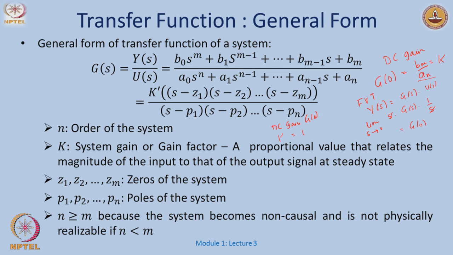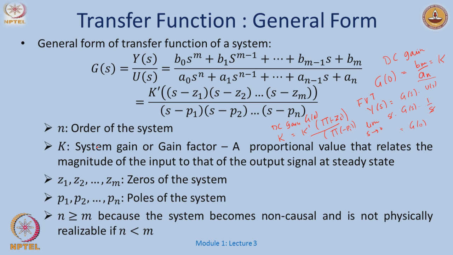So, the k here would be this number k prime multiplied by the product of all the zeros with a minus, over the product of all the poles. Okay. So, we will see shortly this k prime is important to us.